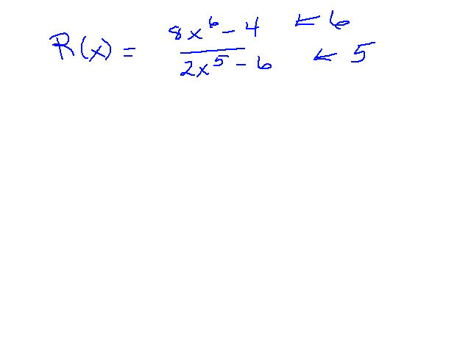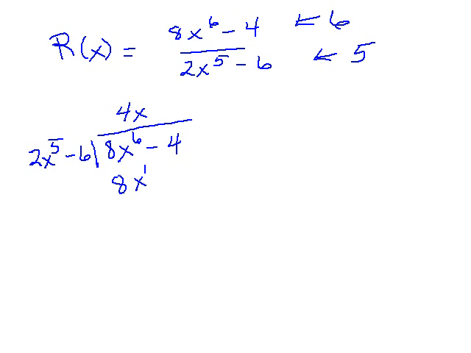So like I did for the example when they were equal, I carry out the long division. So 8x to the 6 minus 4, and I divide that by the 2x to the 5th minus 6. So the first term I'm going to get up here is 4x. I can carry the rest of this out. 8x to the 6th minus 24x.